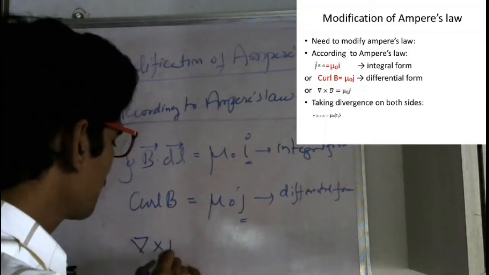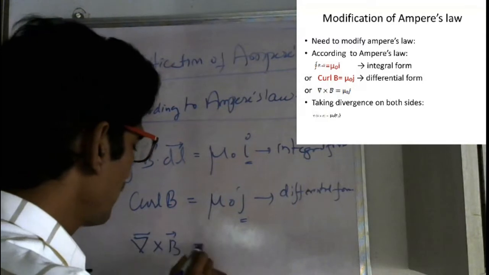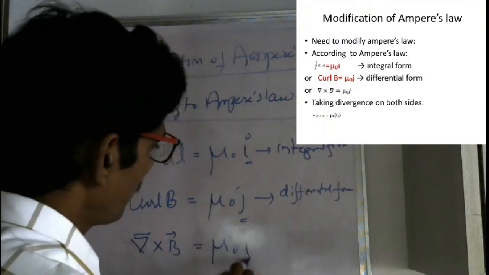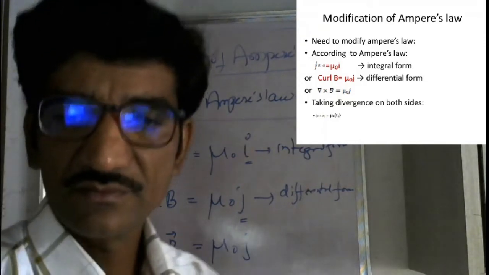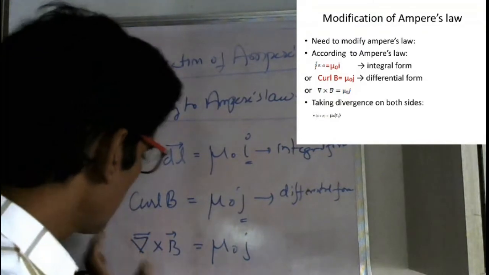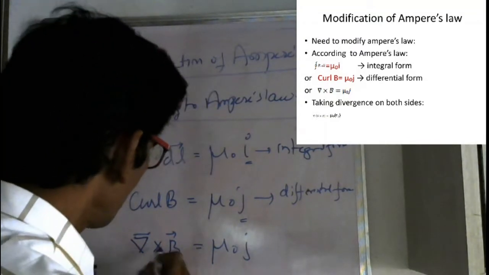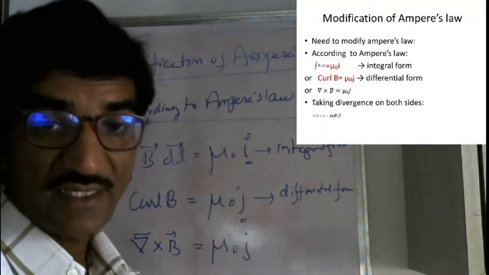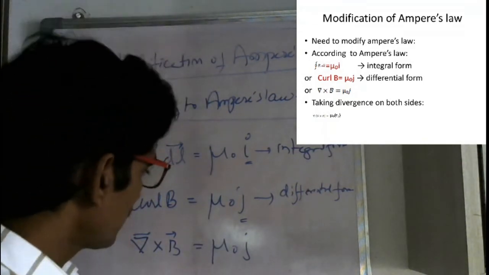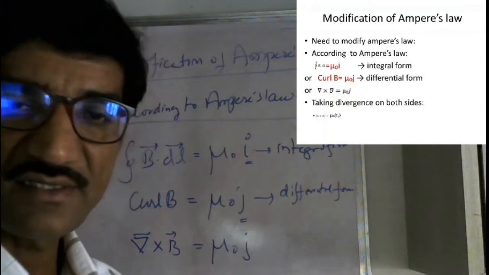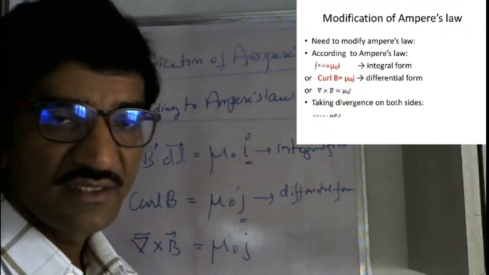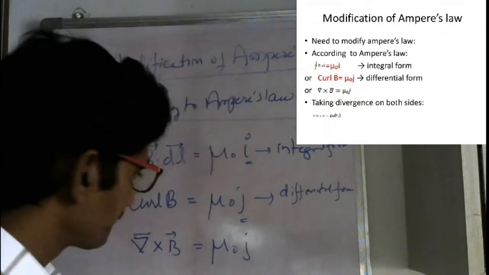In vector analysis, this is simply del cross B is equal to μ naught J. The del cross B vector will be in the direction of J. J is the current density, and I is the current.